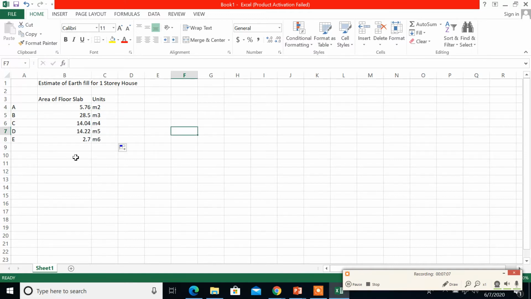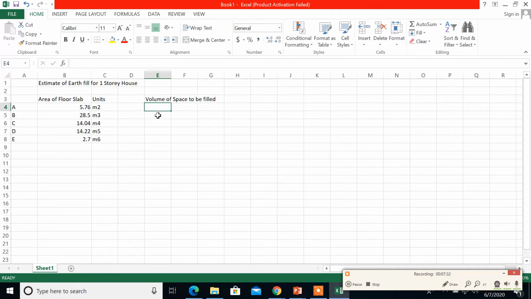Next, determine the volume of the slab, or rather the volume of space to be filled. Next is to determine the volume of space to be filled with embankment.